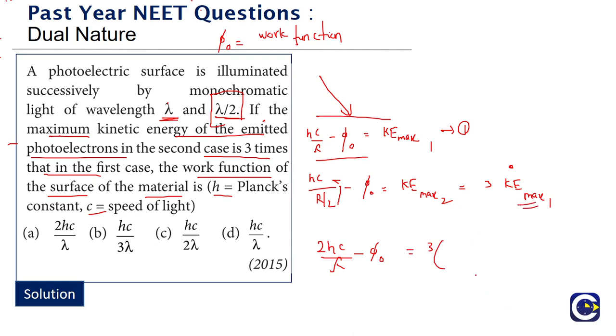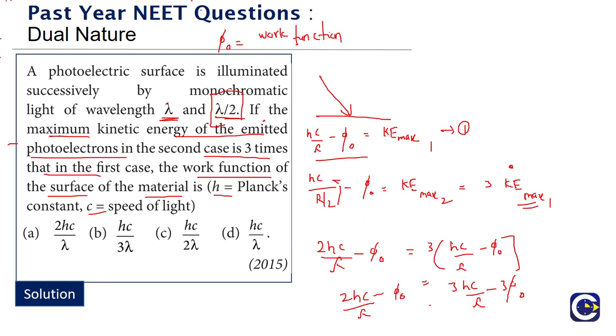What is Ke max 1? It is hc by lambda minus work function. If you multiply, it will become 3 hc by lambda minus 3 phi naught. So the left hand side will have 2 hc by lambda minus phi naught.